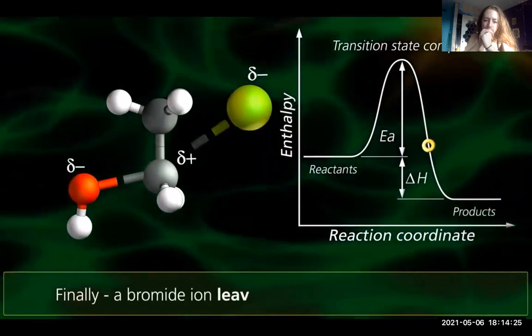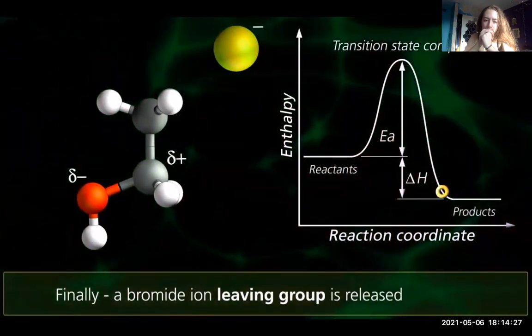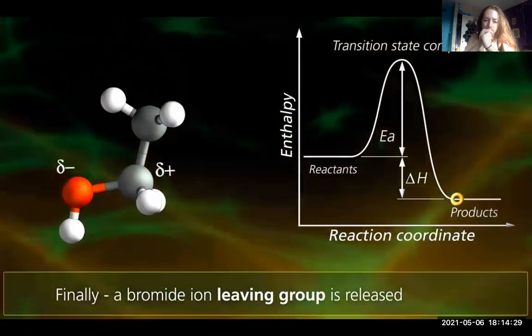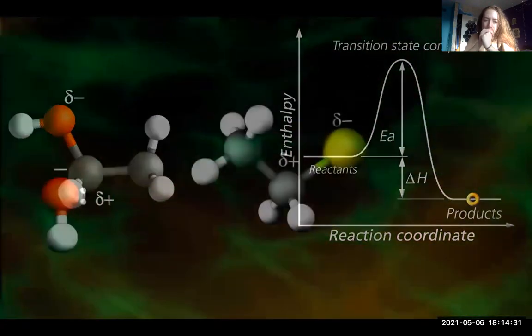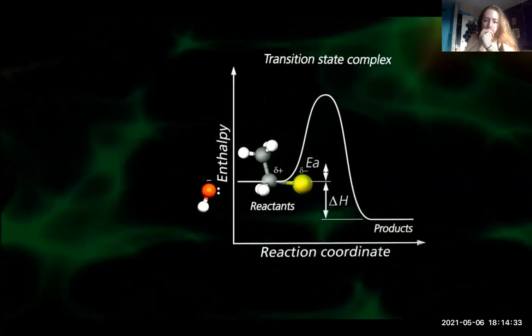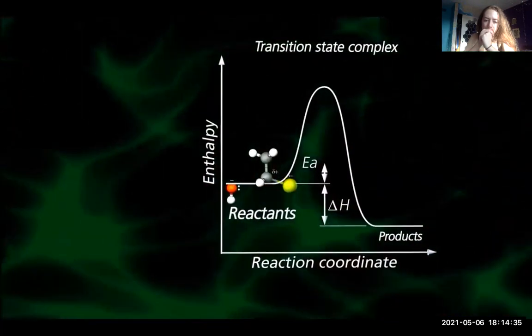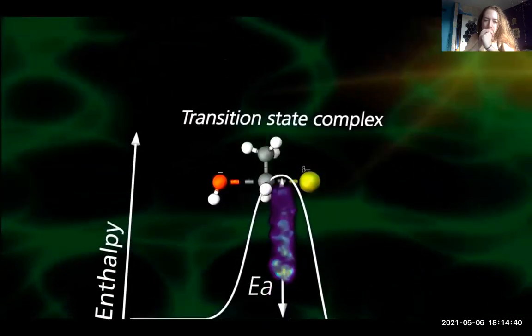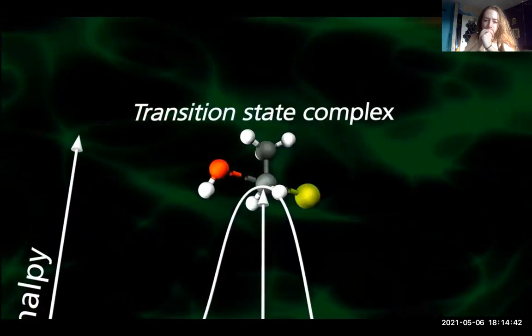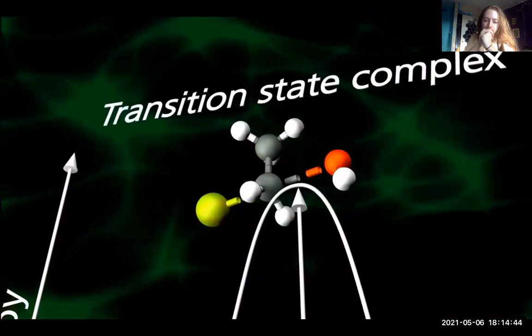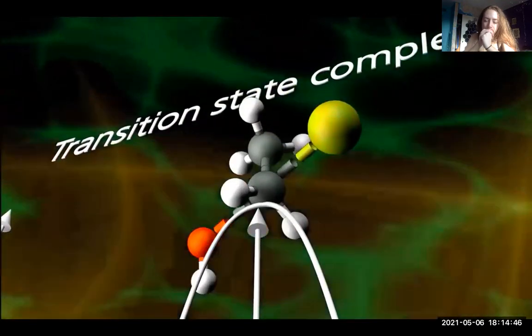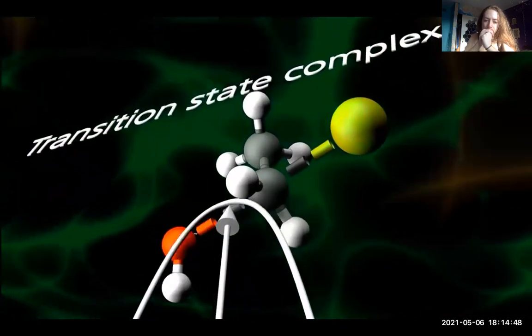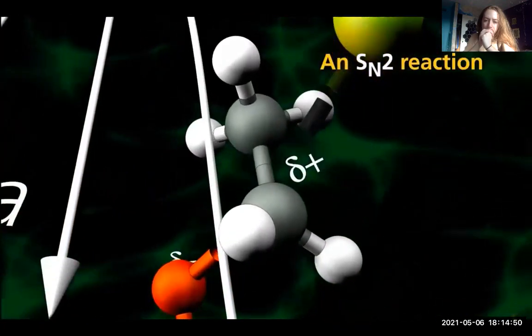A bromide ion, called the leaving group, is released. Transition state complex. SN2.